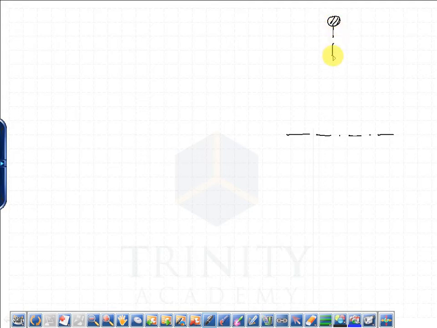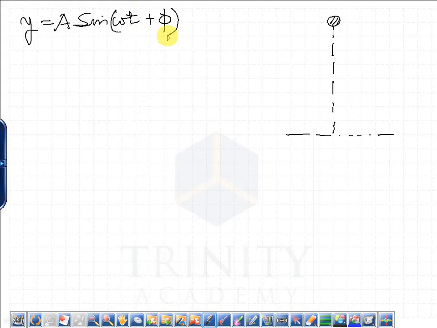Considering this, from the standard expression y equal to a sine(omega t plus phi), where phi is the initial phase, at time equal to 0, the position of the particle from the mean or reference was equal to amplitude.